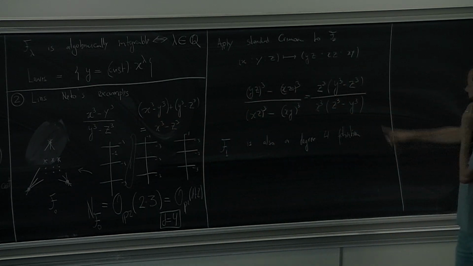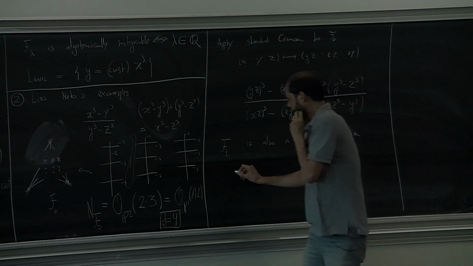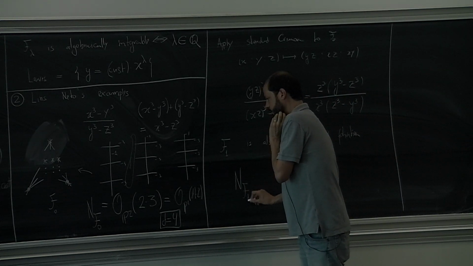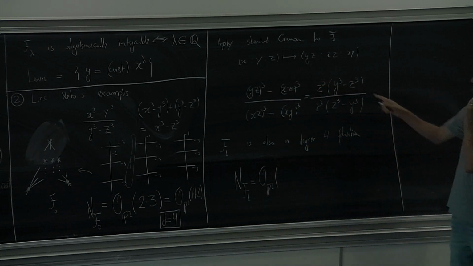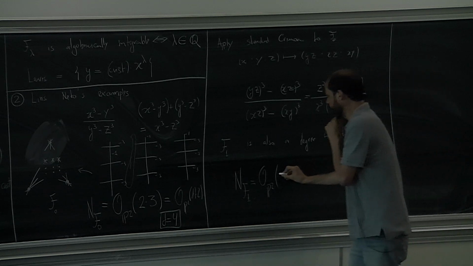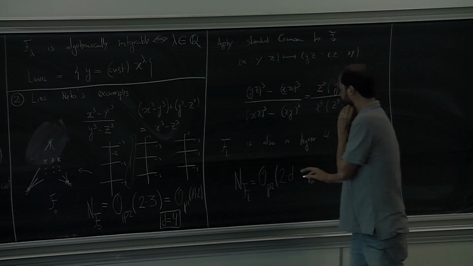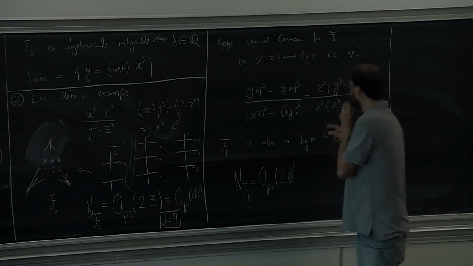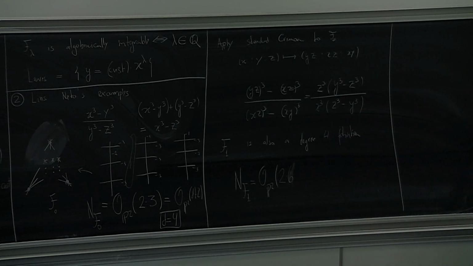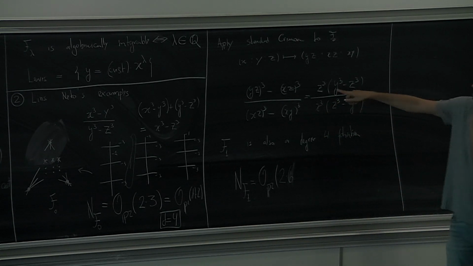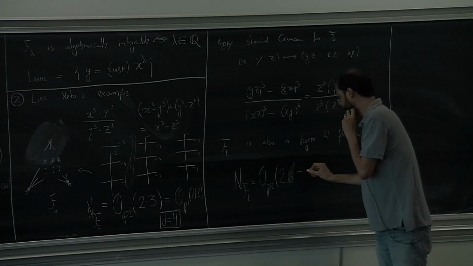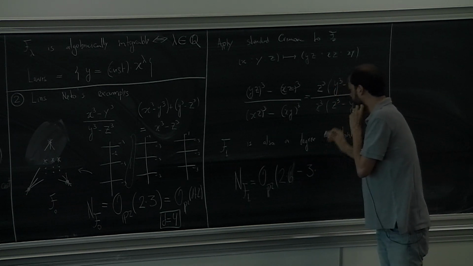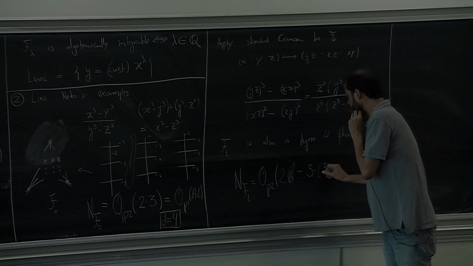In this case, you can try to do the same computation. At the beginning, you may think that the situation is off, because now it's a pencil of sextics. So the normal bundle will be 2 times 6. But I have exactly 3 non-reduced fibers. In each of these 3 non-reduced fibers, there is a line with multiplicity 3, so this should be minus 3 times (3 minus 1).